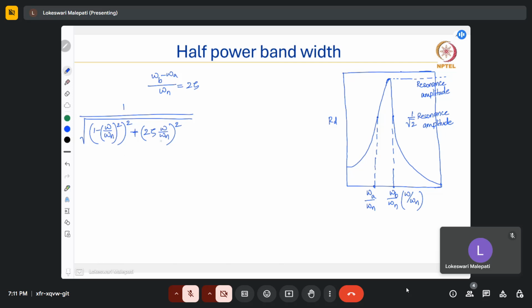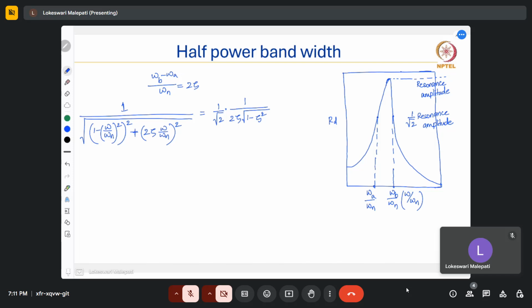So this is the amplitude at any arbitrary frequency ratio. We want to find this frequency ratio such that this amplitude is equal to 1 by root 2 times the resonance amplitude. We have seen just before the resonance amplitude is 1 by 2 zeta square root of 1 minus zeta square.